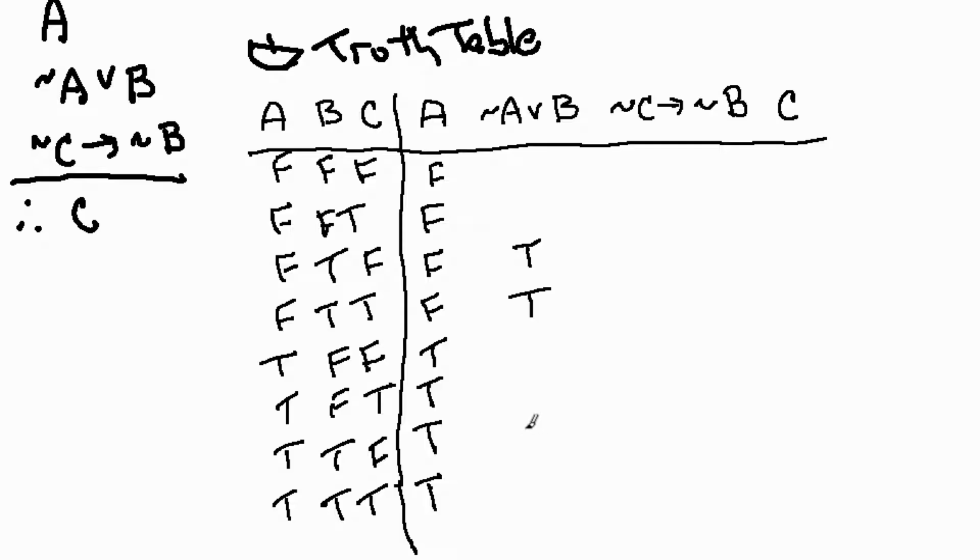False, false, true, true. And then the other time that this is going to be true, let's see, it's true whenever not A is true. So it's going to be true whenever A is false. So I've taken care of 2 of those already. So it's going to be true over here. And it's going to be true over here. And these then would be when this statement is false.